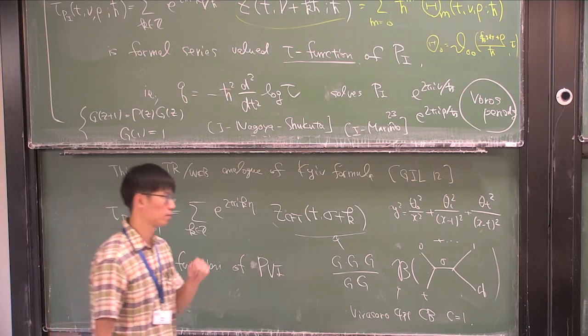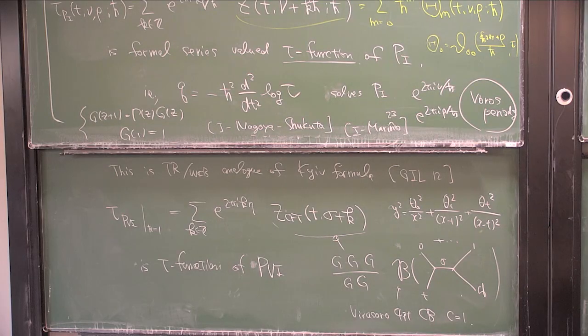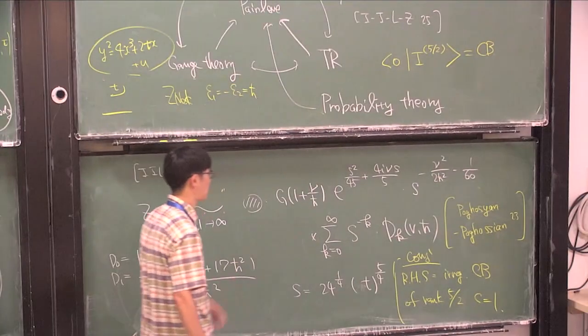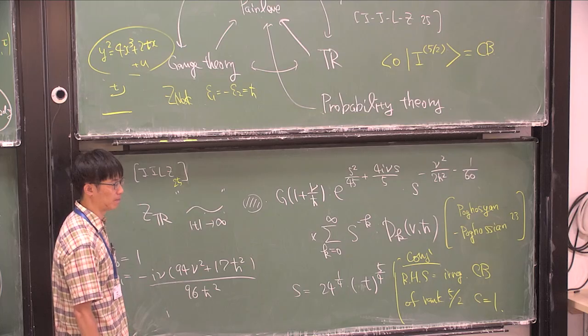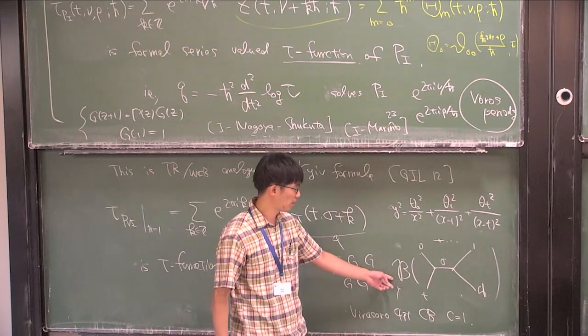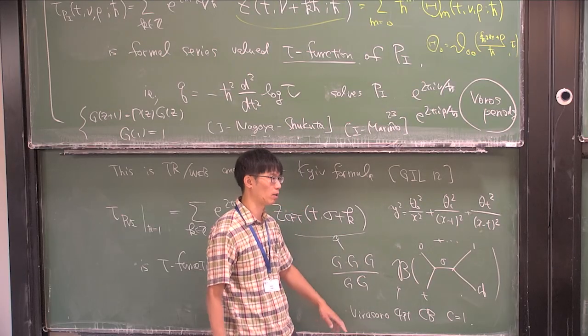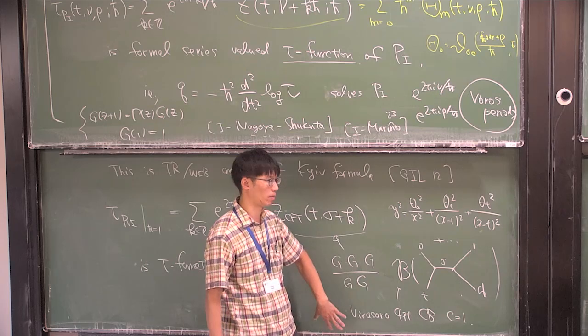Does this have some combinatorial description? Yeah, I hope to find that, but at least there is no combinatorial or explicit formula. This is related to the Nekrasov partition function by the formulas, and it has some combinatorial expansion.